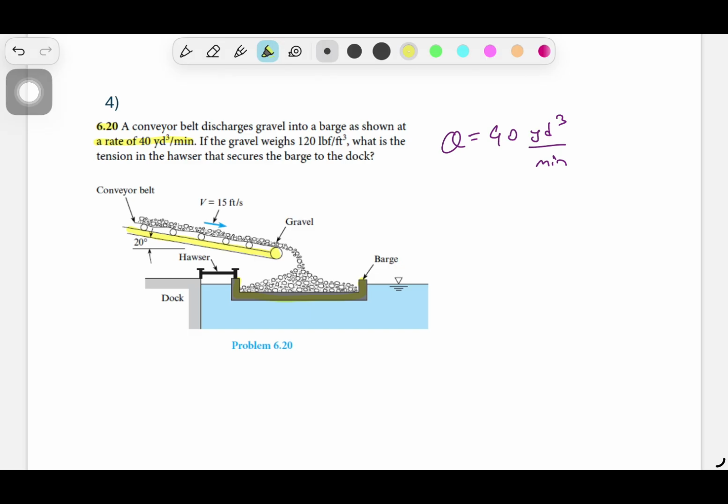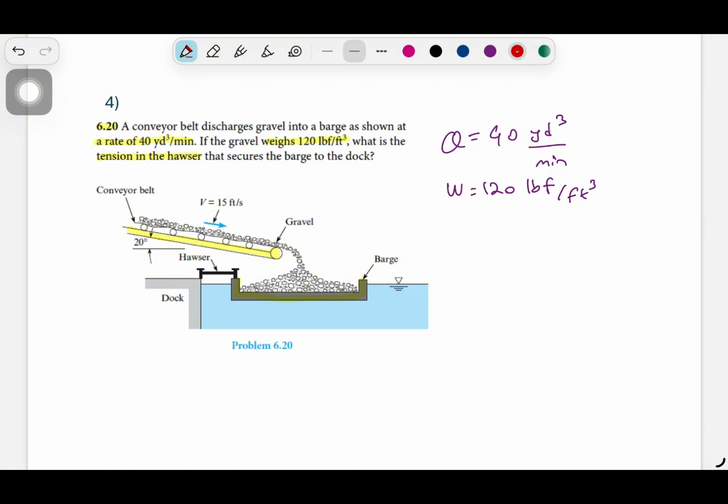And if the gravel weighs 120 pound force per cubic feet, what is the tension in the hawser that secures the barge to the dock?